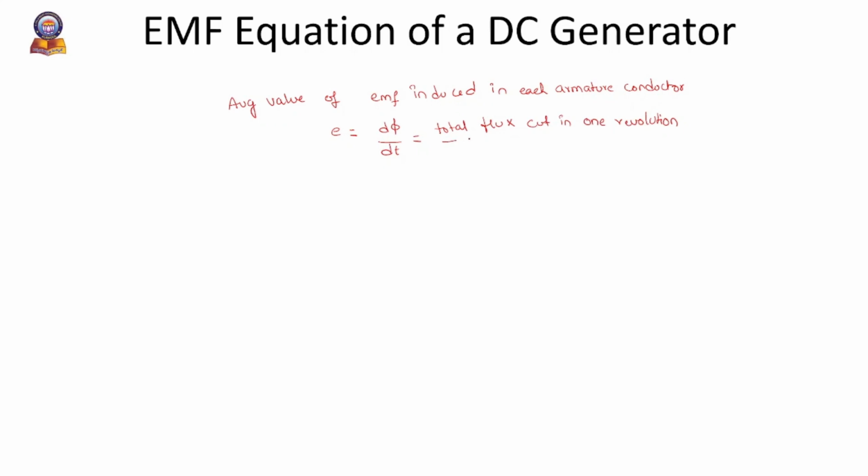The average value of EMF induced in each armature conductor is E equal to d psi by dt, where d psi indicates the total flux cut in one revolution to the total time required to complete one revolution.